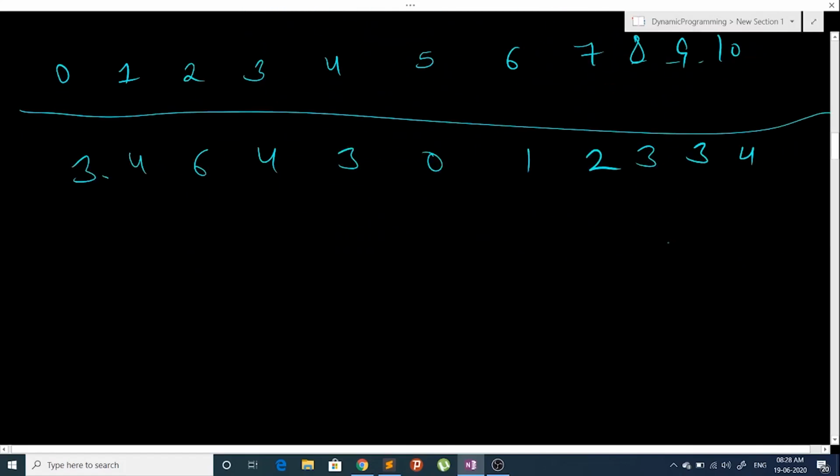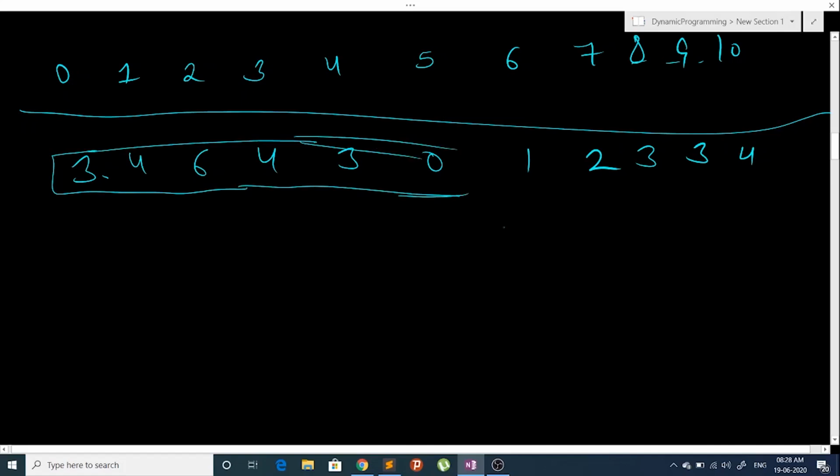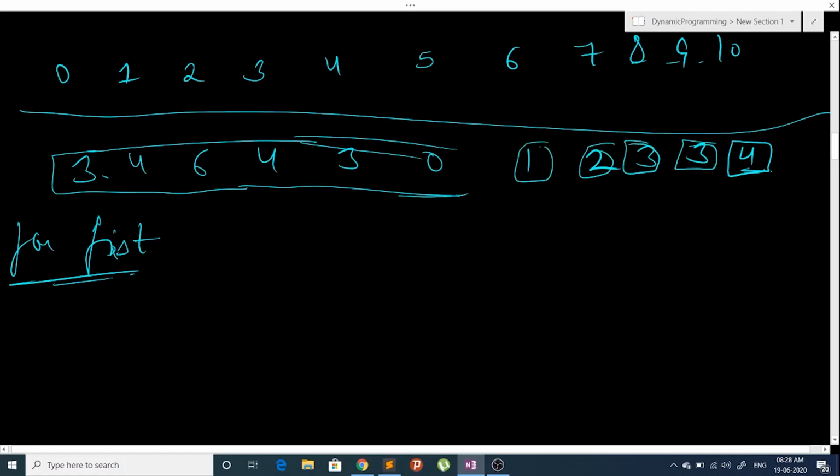Now what I'll do is, I will take one bit from each of those positions if I can take it. So for the first number I can take one bit from this and one from this, from all of these except this. I can take one from all of these.